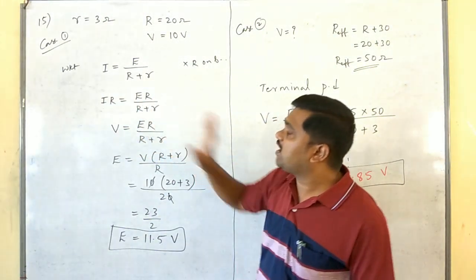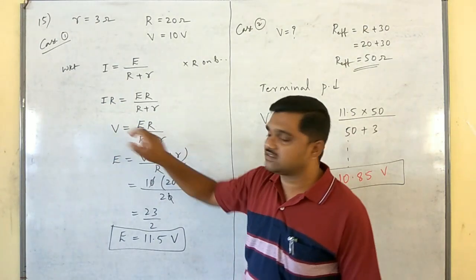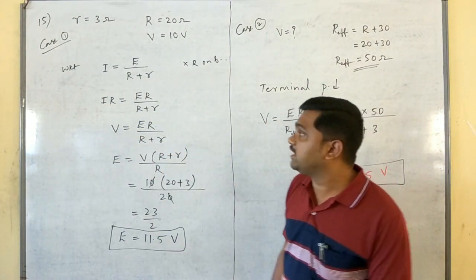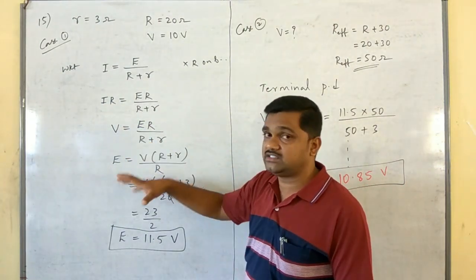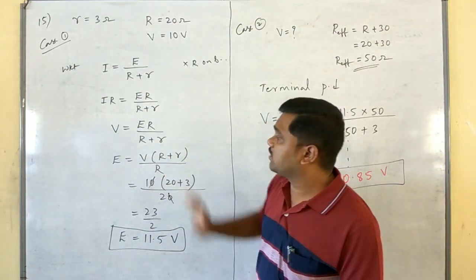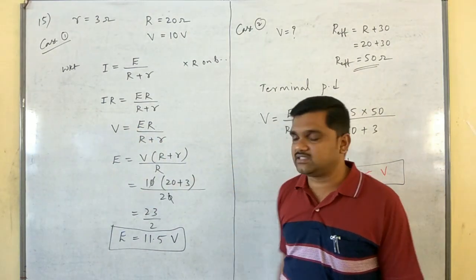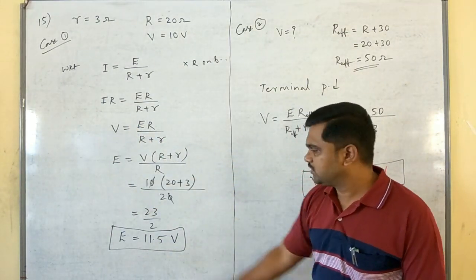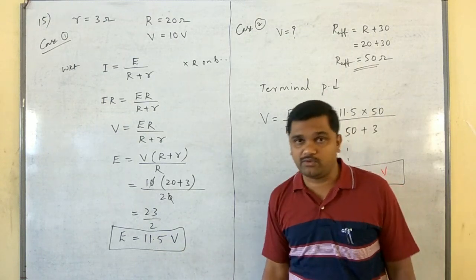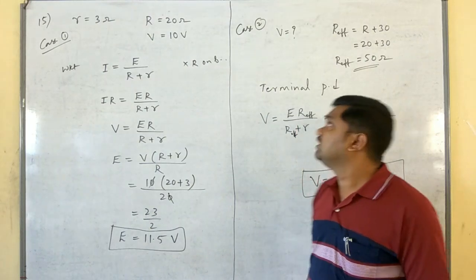IR is equal to ER divided by R plus r. Next, the product of current and resistance is nothing but the terminal PD, that is terminal voltage. So this is the discharging condition. Next, we want E, so take the rest to the other side. The remaining thing you know. So finally we get 11.5 volt, the EMF of that particular cell.